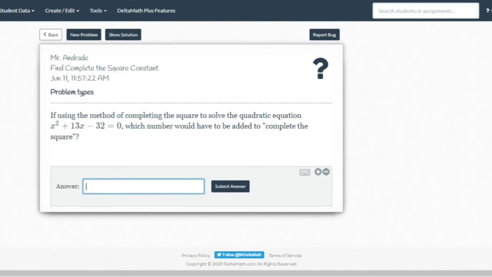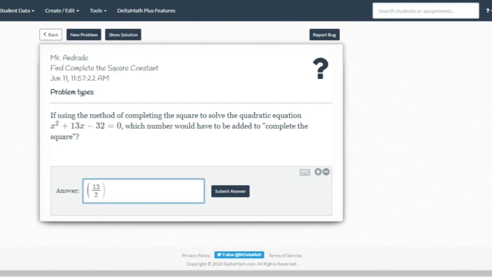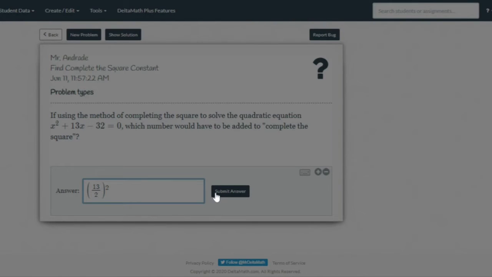So we're going to do, open parentheses, 13 divided by 2, and then we're going to do an up arrow and square. Where I get that up arrow is shift 6. I'm going to submit the answer.